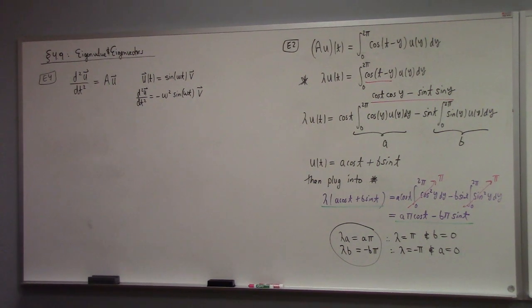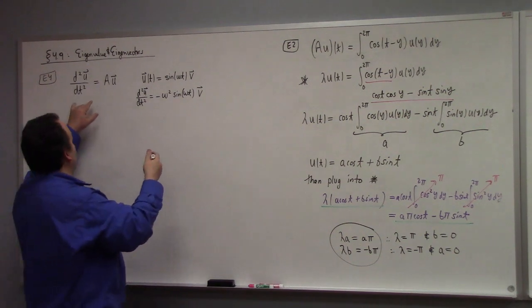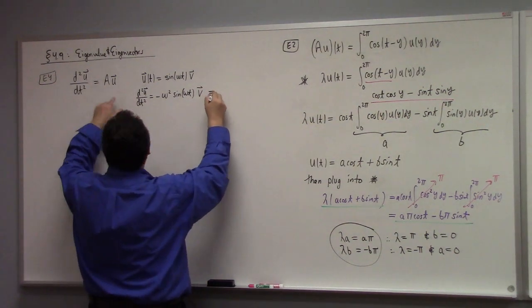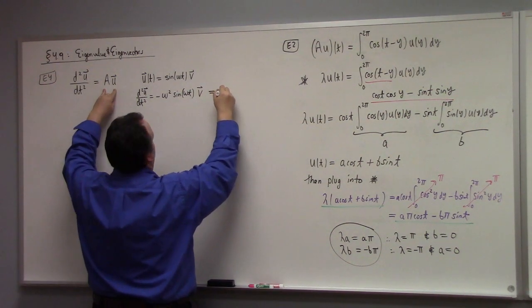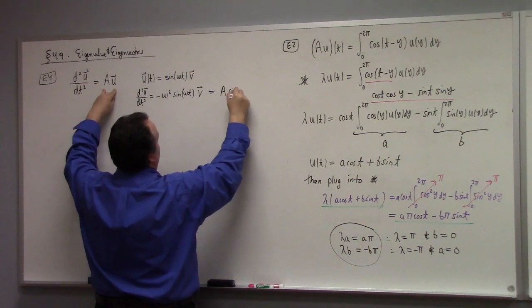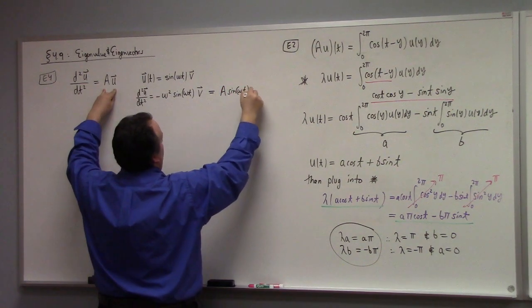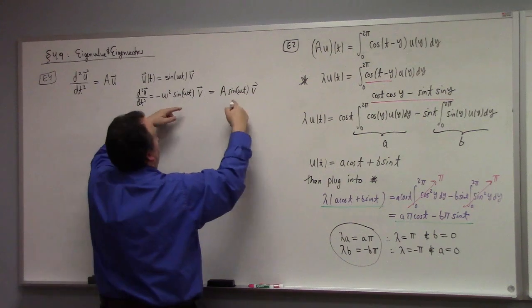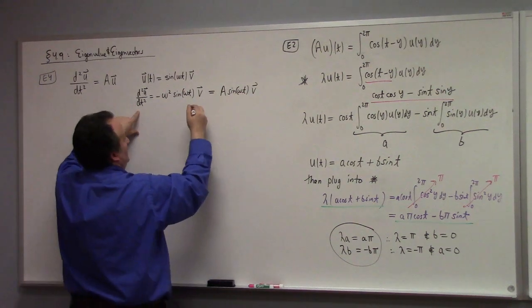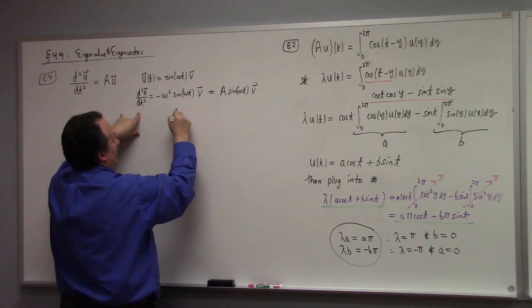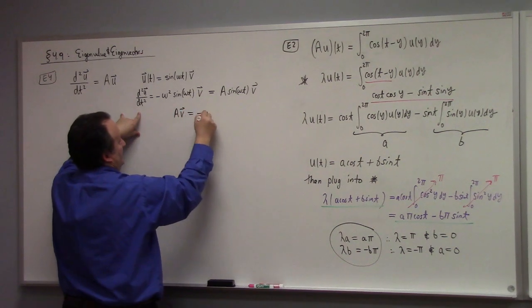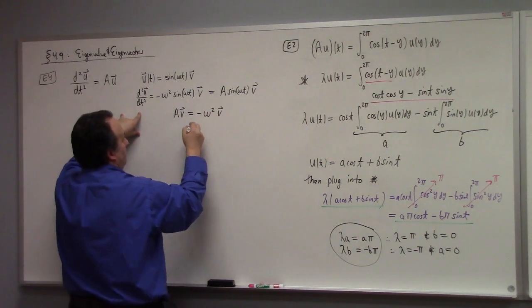And so when would that be a solution? That would be a solution if d squared u is equal to Au, which is to say A sine omega t times v. So since this has to hold for all t, what you need is Av equal to minus omega squared v.